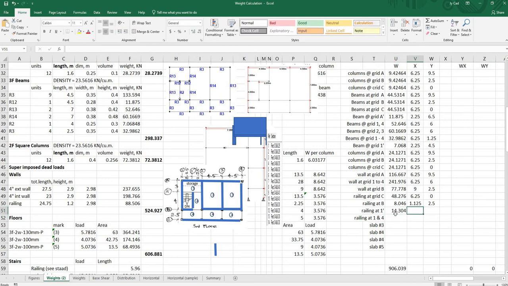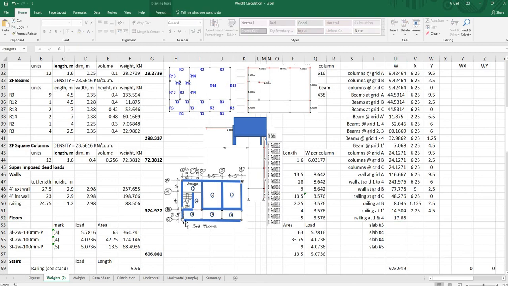Now, the centroid of that would be 2.25 and 2.5 plus 2 meters, in the middle of the 4 meters. And then, last, the railings at the sides. Notice that there are 2 pieces. So, that is 2.5 times 1.2 times 2.98 times 2 units.